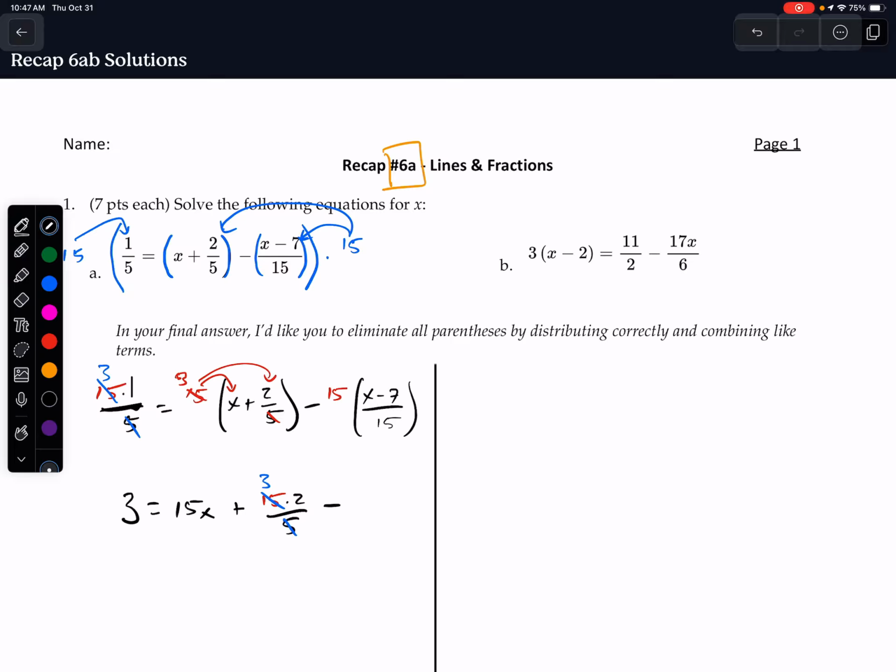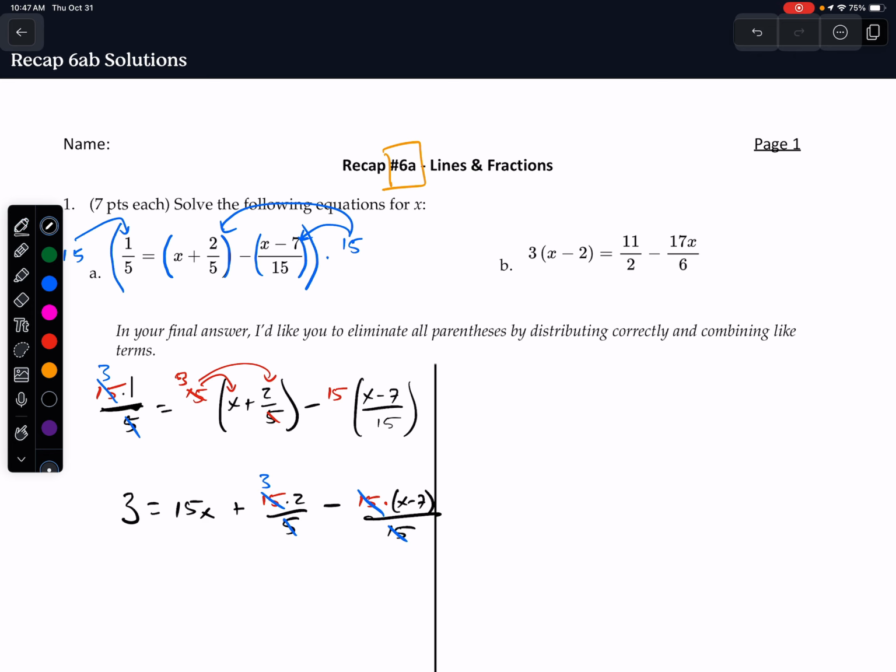Minus, and then I'm going to distribute my 15. Well, I'm not actually. Here's what I'm going to do. I'm going to write it as 15 times, and on the top, it's going to be 15 times x minus 7, and I could distribute it if I want, but on the bottom I've still got 15, so I can divide out both of those 15s.